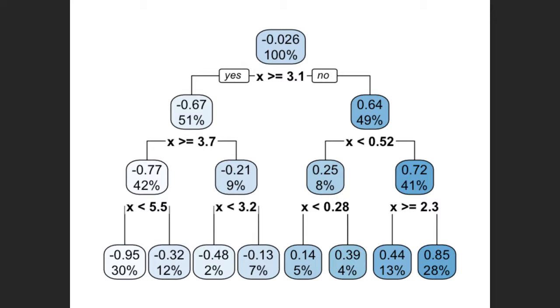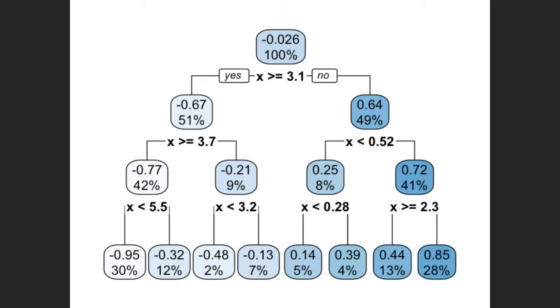In other words, it's between 3.1 and 3.7, and their average response value is negative 0.21. So the initial split having roughly equal sized nodes was related to the symmetry of the sine function itself. Now we're seeing imbalances in the node sizes.